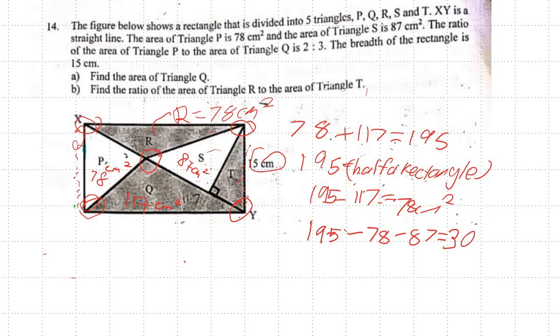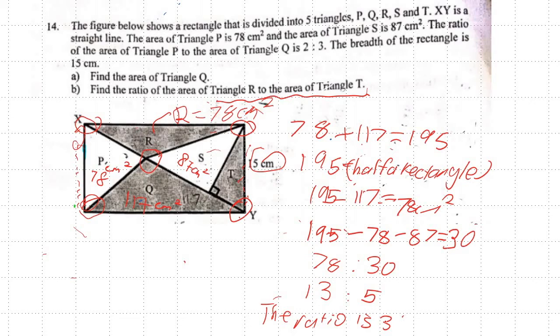Okay, so now we can find the ratio. Remember, the ratio is the area of triangle R to the area of triangle T. So R is 78 to 30. 78 to 30 equals 13 to 5. So the ratio is 13 to 5.